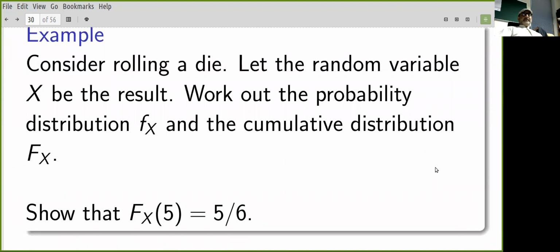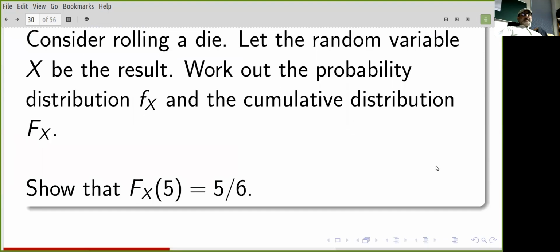Okay, so you roll a die, and x can take values depending upon the result of the roll: 1, 2, 3, 4, 5, 6. So we want to work out the cumulative distribution for x. We can work that out from the probability distribution, the PMF.